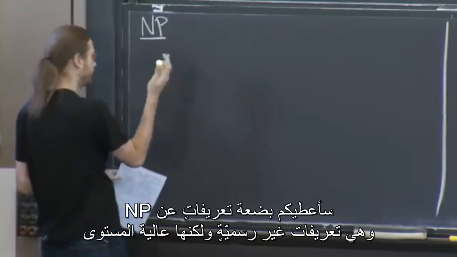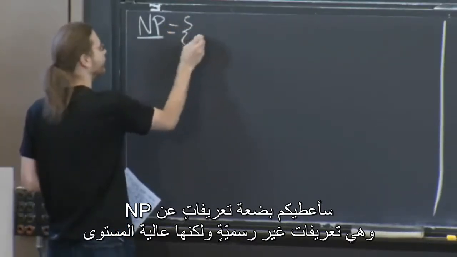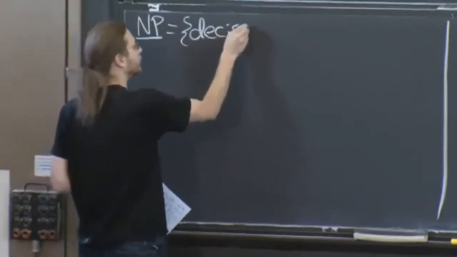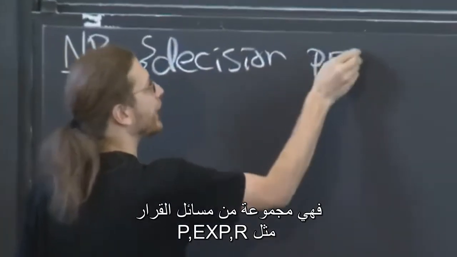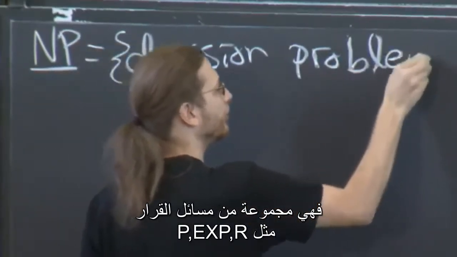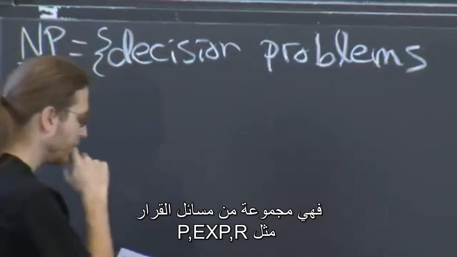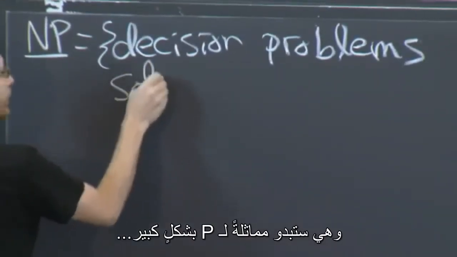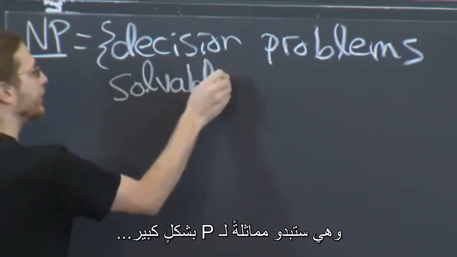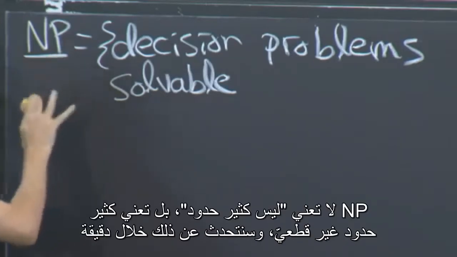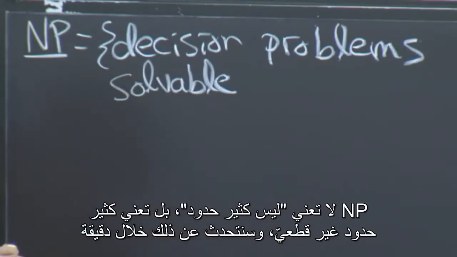Not formal definitions, but high-level definitions. So just like P and EXP and R, it's a set of decision problems. And it's going to look very similar to P. NP does not stand for not polynomial. It stands for non-deterministic polynomial. We'll get to non-deterministic in a moment.